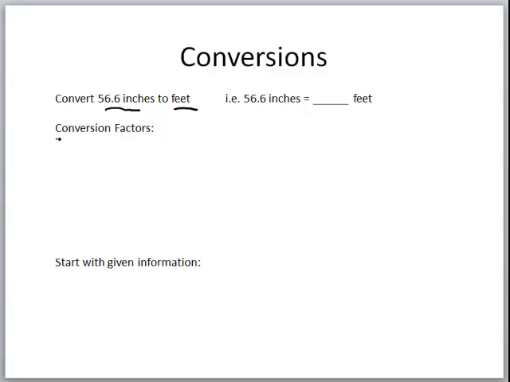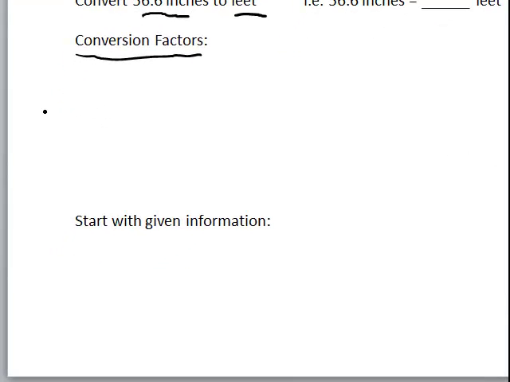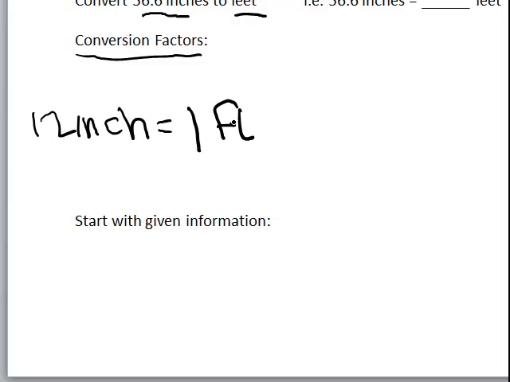The whole idea behind dimensional analysis is the conversion factor. And a conversion factor is nothing more than a fraction. You've got your numerator and you've got your denominator. And it's based on a relationship of units. For example, since we're dealing with inches and feet, what I'm going to say is there are 12 inches in 1 foot.